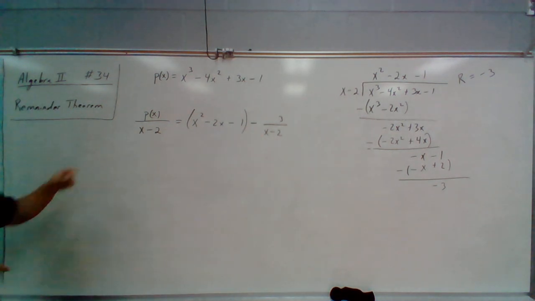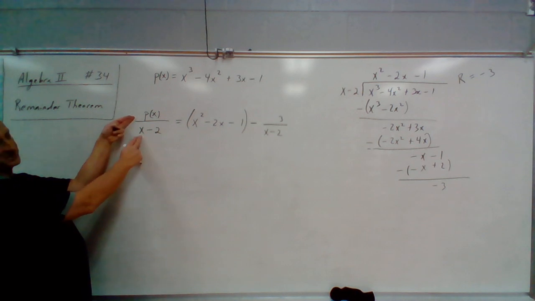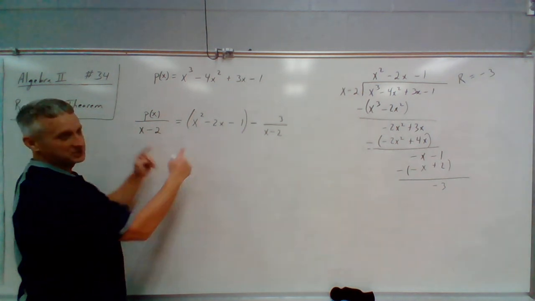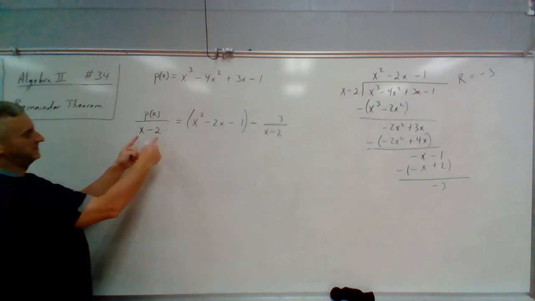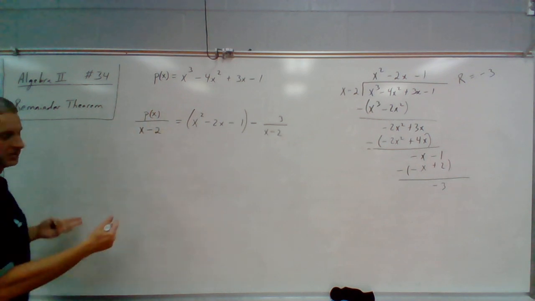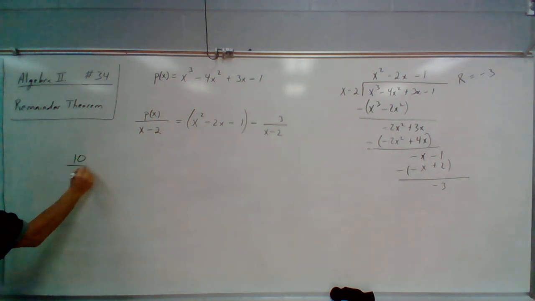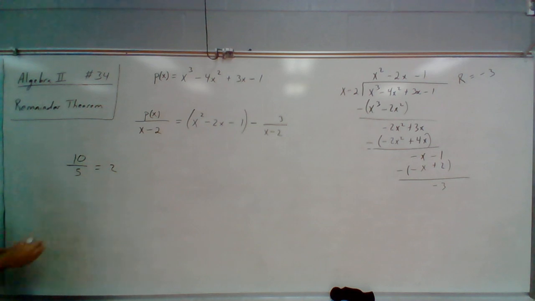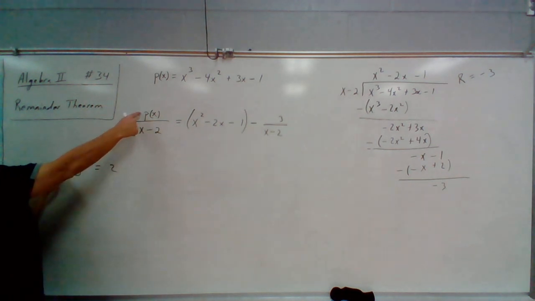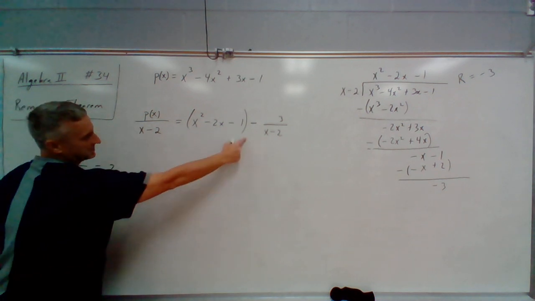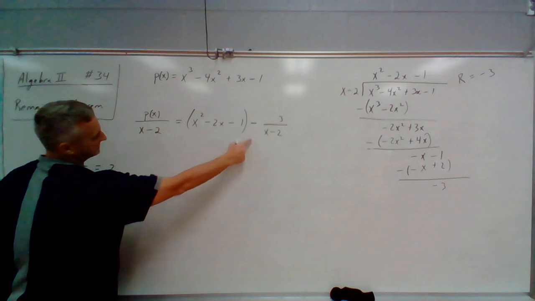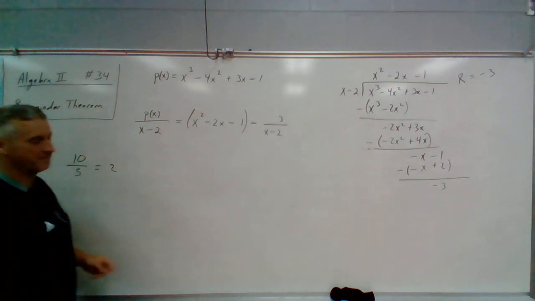Okay, so if something divided by something else is equal to this something over here, then it should be true that this side times this equals that. Right? That makes sense, right? If you have 10 divided by 5, that's equal to 2 because 2 times 5 is 10. So if P of x divided by x minus 2 is this side, then it should be true that this side times x minus 2 is equal to that.